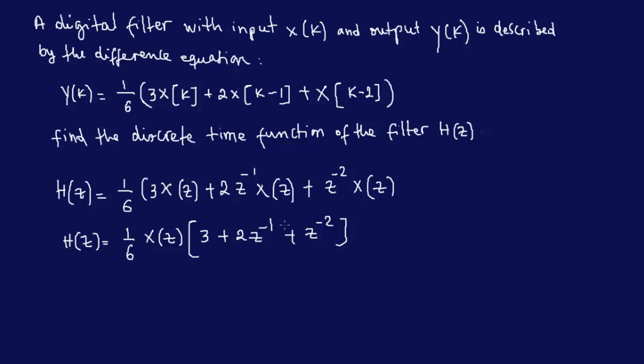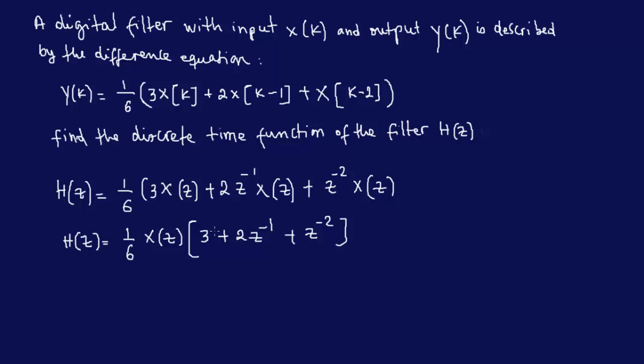From here we could multiply everything by z squared to get rid of the negative powers.